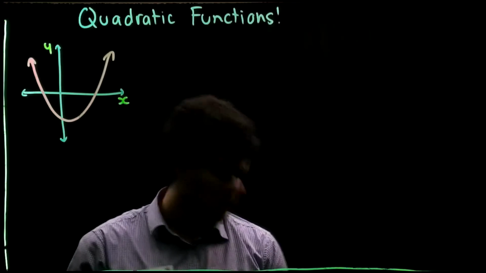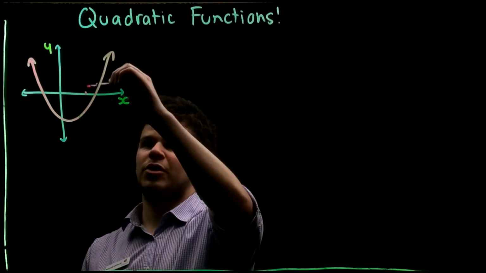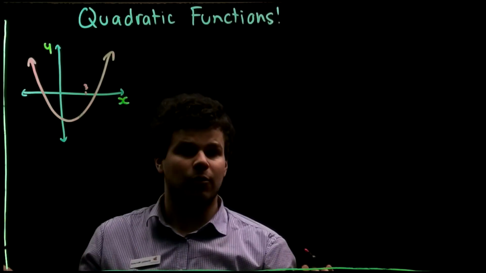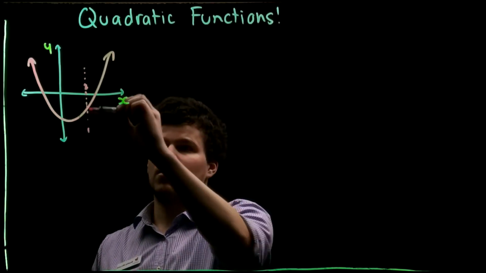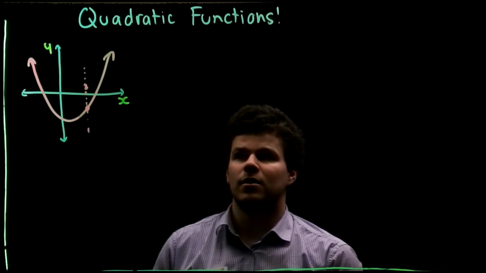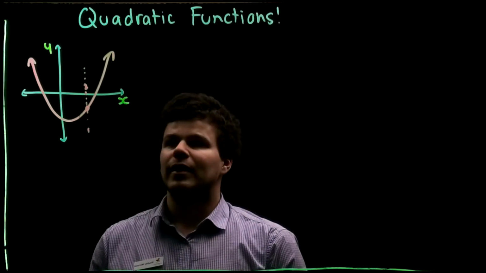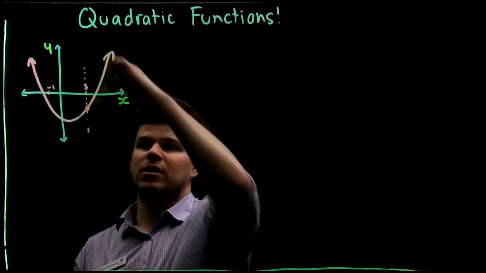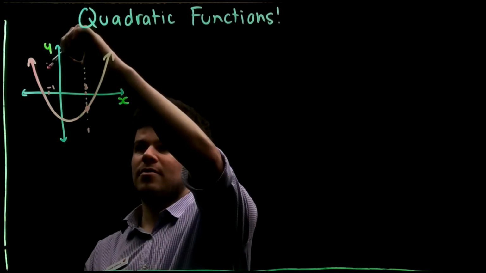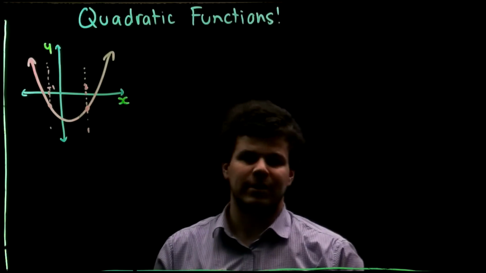For example, let's say this point here is x equals 3, and we want to know what the quadratic function is there, which means we go down, and oh yeah, look, it's there. That might be y equals 1 or whatever it turns out to be. We can also look over here and go, oh yeah, x equals minus 1 over here. The value of our quadratic, we can find there.